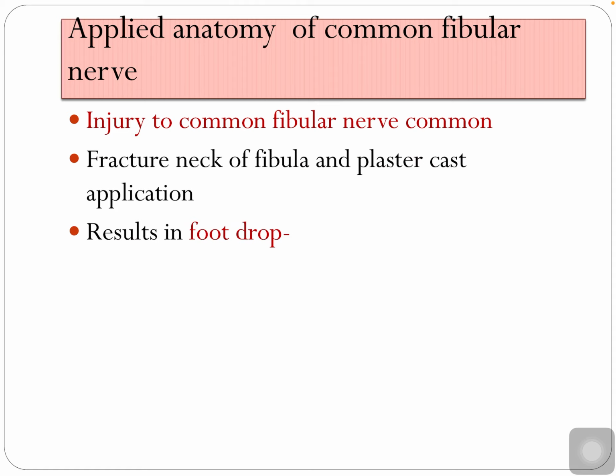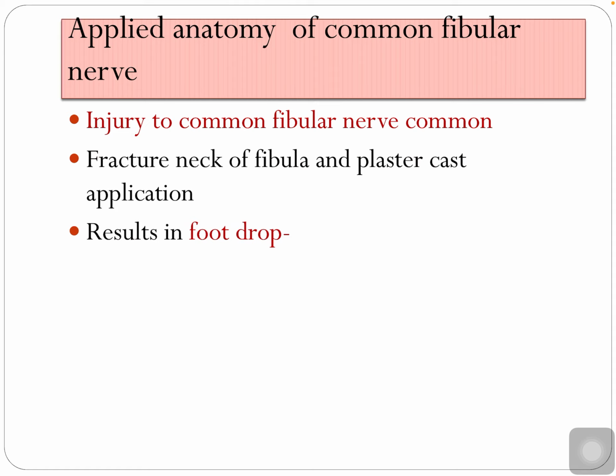So if it is compressed, what are the compartments of the leg that are going to be paralyzed? So the other two compartments of the leg, that is anterior and lateral compartments of the leg and the dorsum of the foot. So that will result in the foot drop.